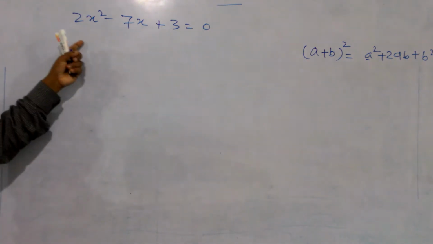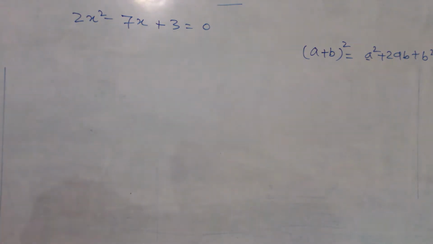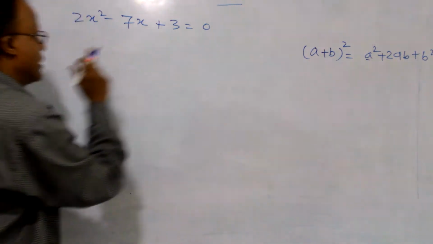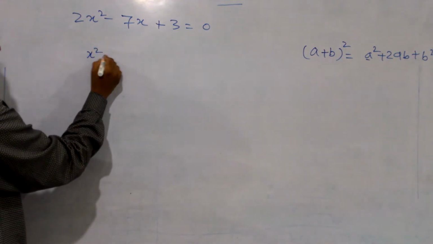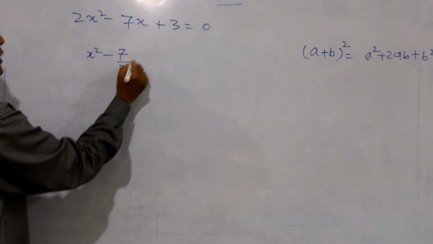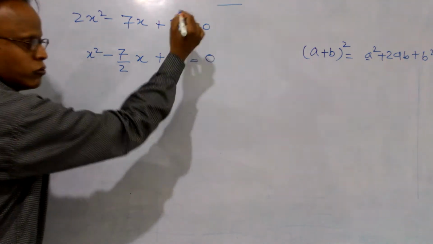So here we make the equation like that, so the coefficient of x square becomes 1. So dividing this whole equation throughout by 2, we get x square minus 7 by 2 x plus 3 by 2 is equal to 0.